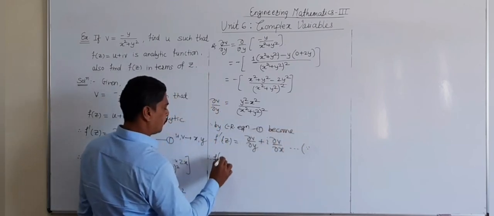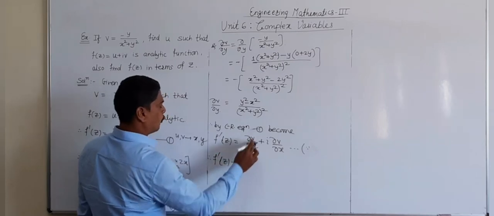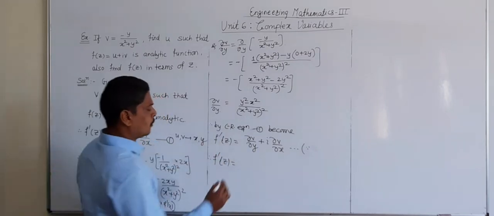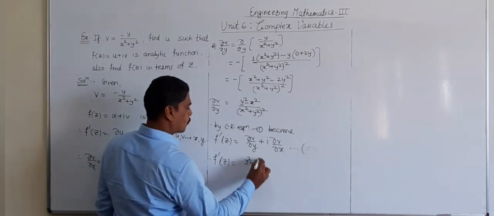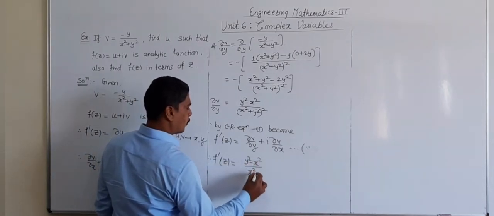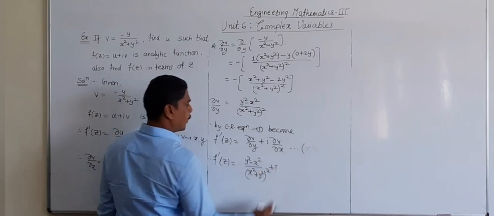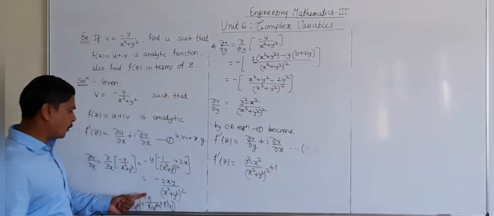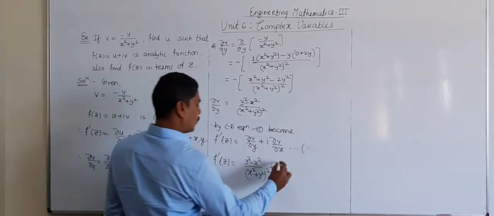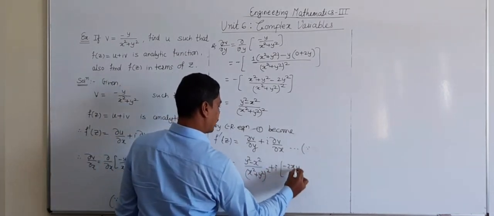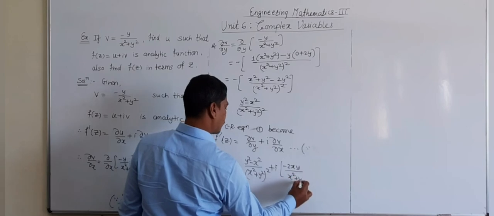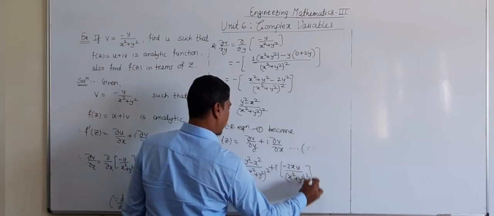Therefore f dash of z is equal to the partial derivative of phi with respect to y, which is y square minus x square divided by x square plus y square bracket square, plus i into the partial derivative of phi with respect to x, which becomes minus of 2xy divided by x square plus y square bracket square.